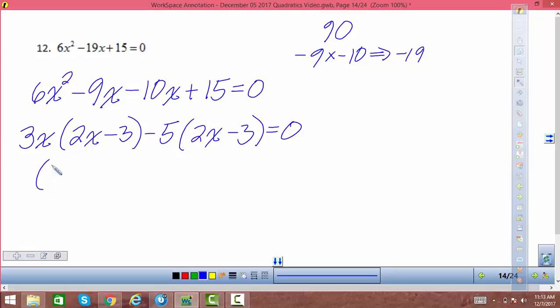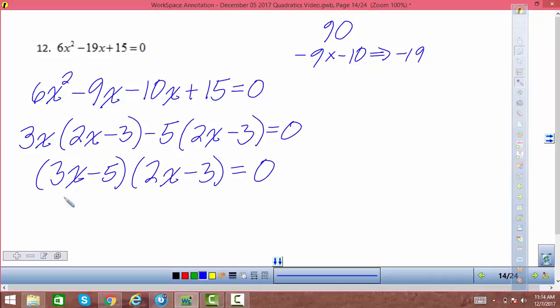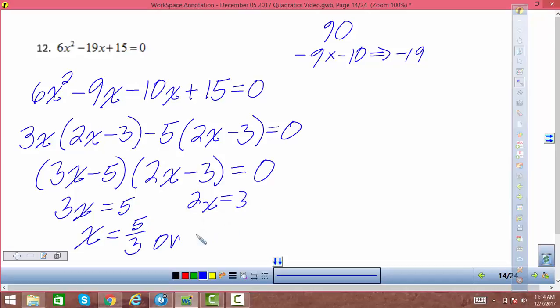So my factorization is 3x minus 5 times 2x minus 3. Then using the zero product principle, 3x equals 5, x equals 5/3. 2x equals 3, x equals 3/2.